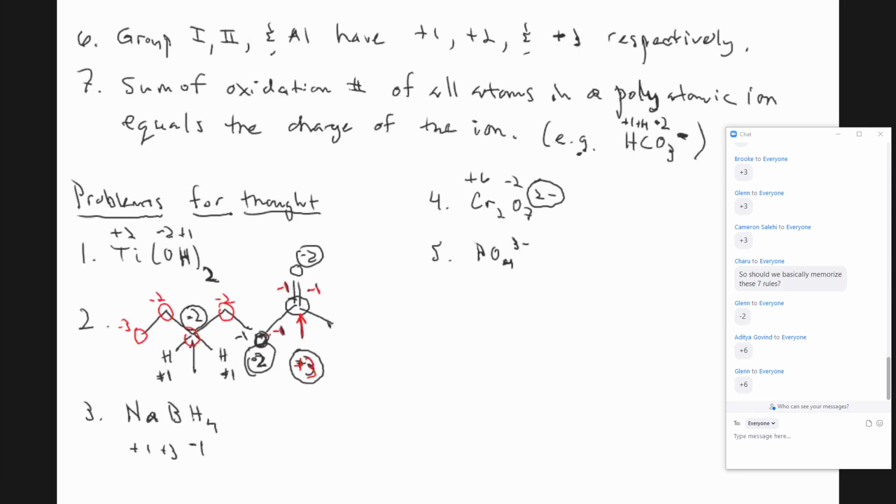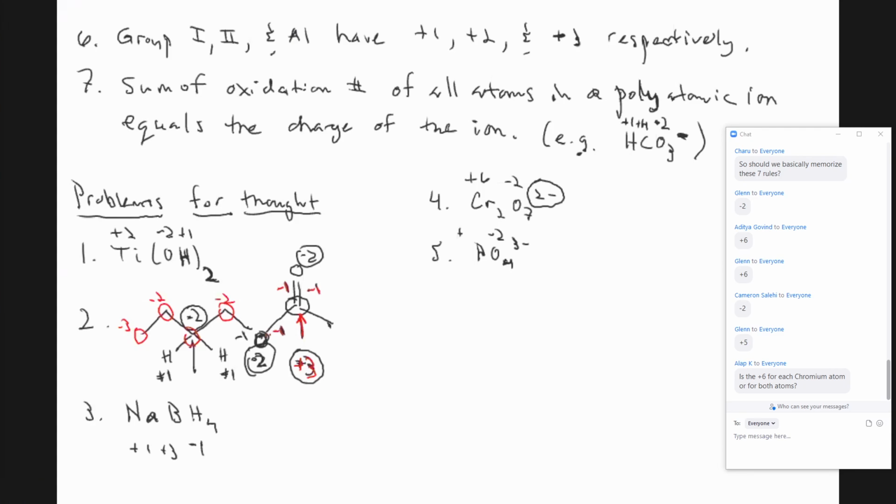Let's look at phosphate now. PO4, 3 minus. So oxygen is what oxidation number? Still -2. So what's phosphorus? Correct. This is a binary compound. So that's -8, and then you have to get a -3.